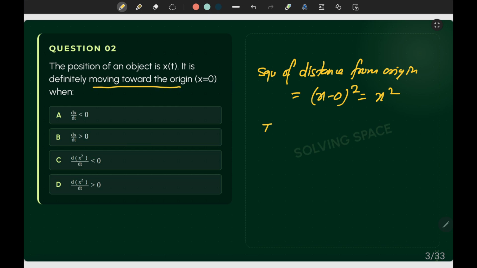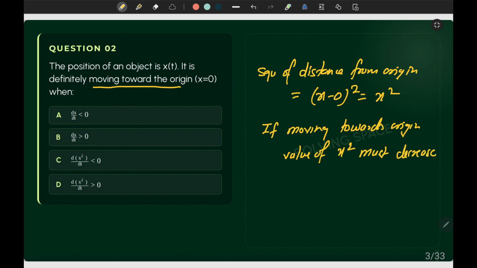So if the object is moving towards the origin, the value of x square must decrease with time. So definitely if this value is decreasing with time, then the derivative of x square must be less than 0. So option is C.